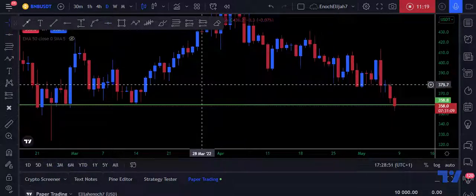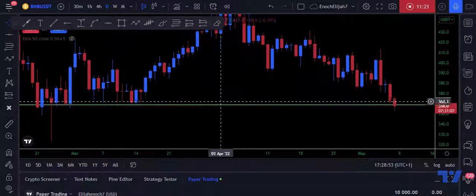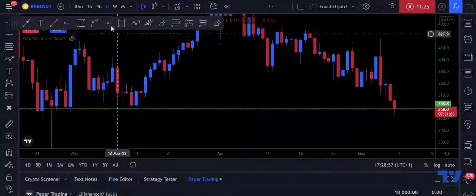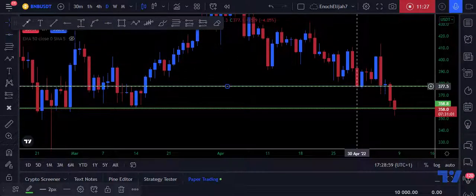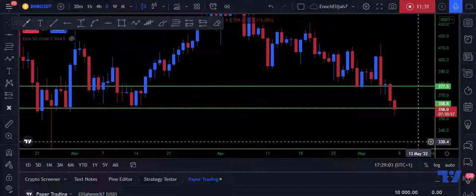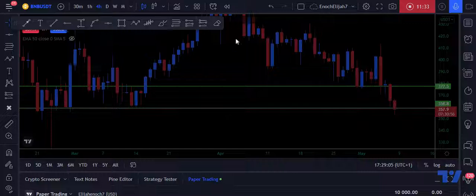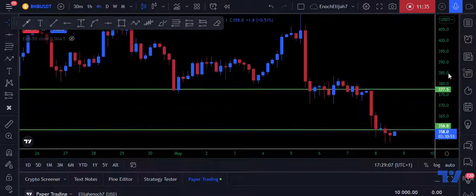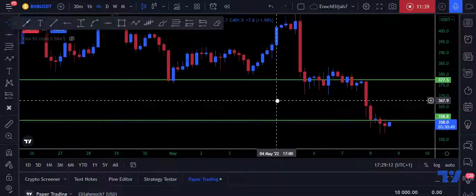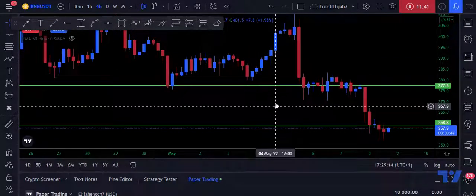If I want to take a trade today, I'm looking for buying opportunities on BNB. Buying up to this zone, the next one. You can come and test this zone before you keep on selling again. So let me look for buying opportunities on BNB. I'm seeing some bullish signs on BNB already.